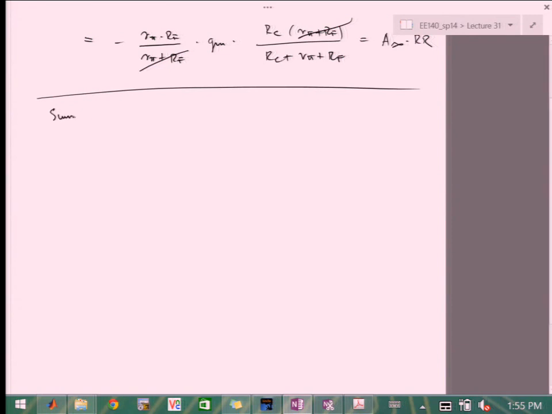So in summary, here's the analysis approach. One, we have to find RR.